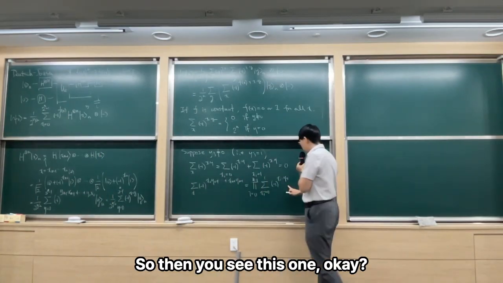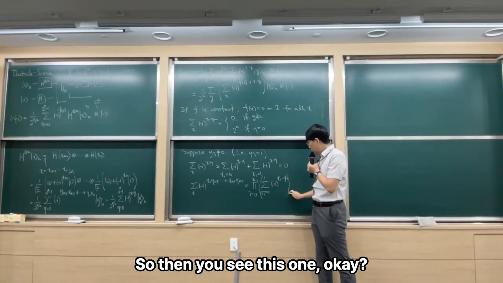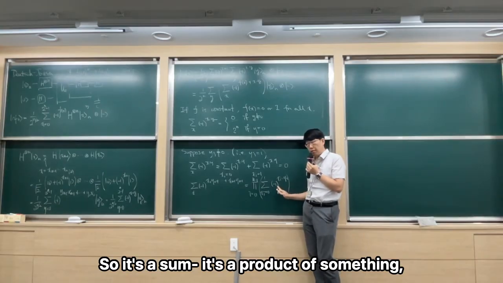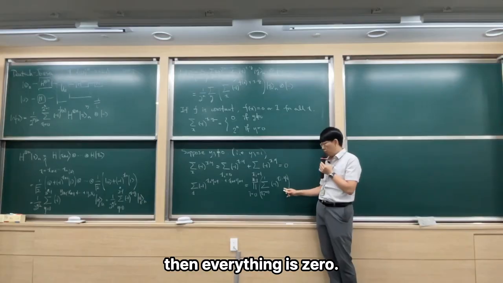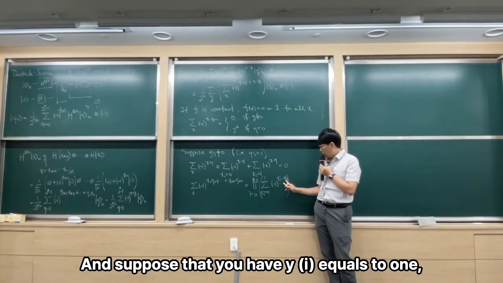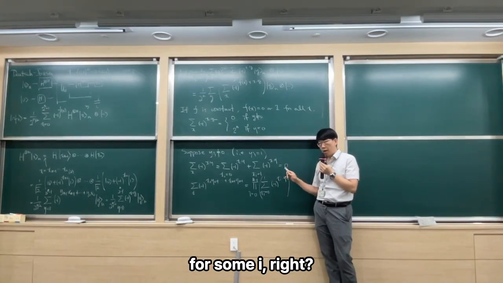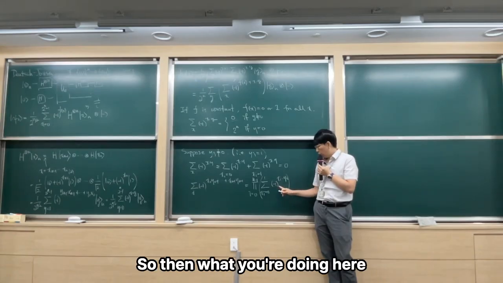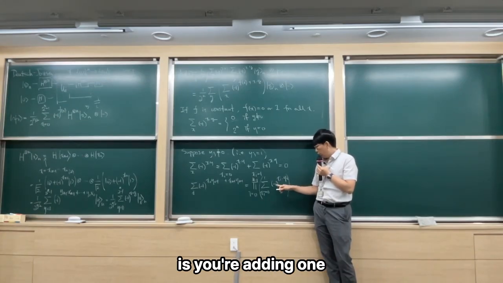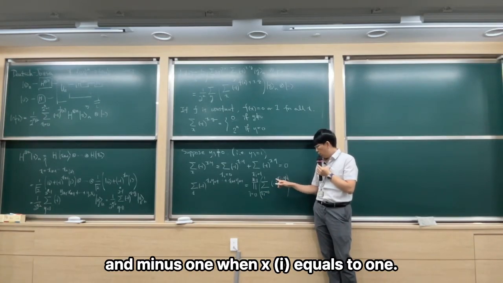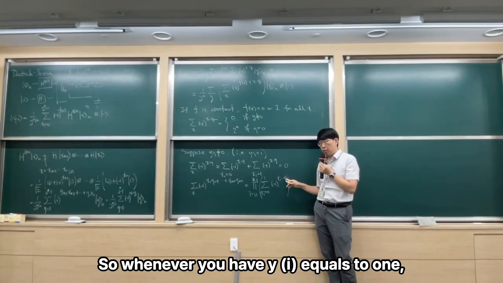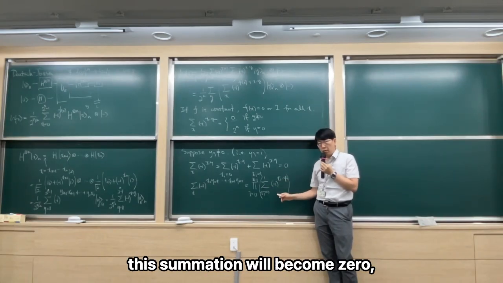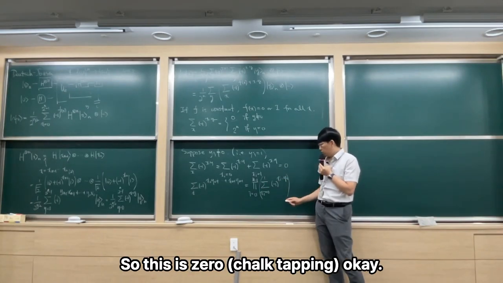So it's a product of something. If any of these product factors is 0, then everything is 0. And suppose that you have yi equals 1 for some i. Then what you're doing here is adding 1 when xi equals 0 and minus 1 when xi equals 1. So it's 1 minus 1, 0. So whenever you have yi equals 1, this summation will become 0. So you're multiplying by 0, so this is 0.